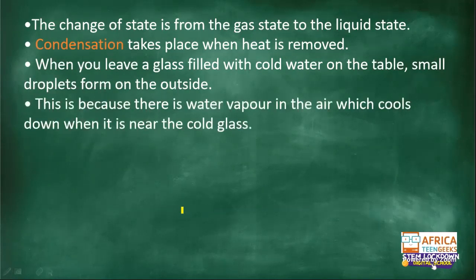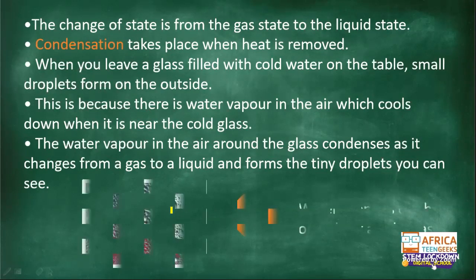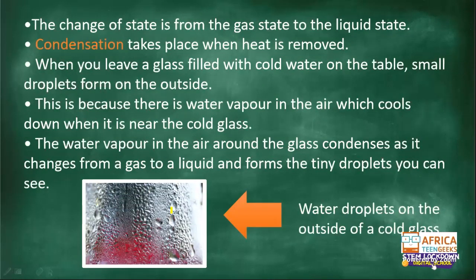That is exactly that. It's because there's water vapor in the air which cools down near the cold glass or the Coke can. The water vapor in the air around the glass condenses, as it changes from a gas to a liquid, and it forms the tiny droplets that you can see, like there. Water droplets on the outside of cold glass.